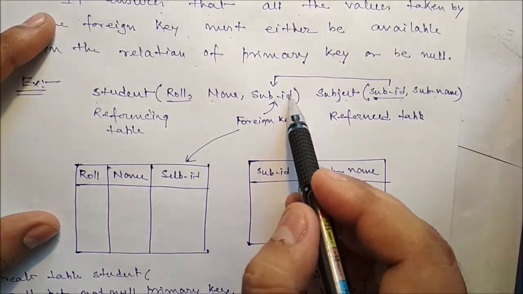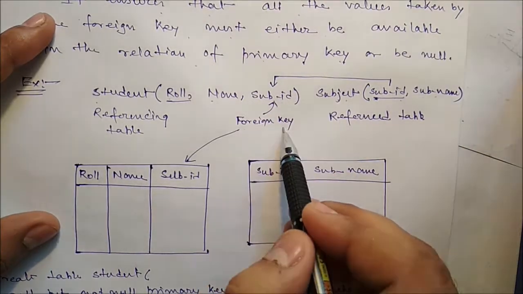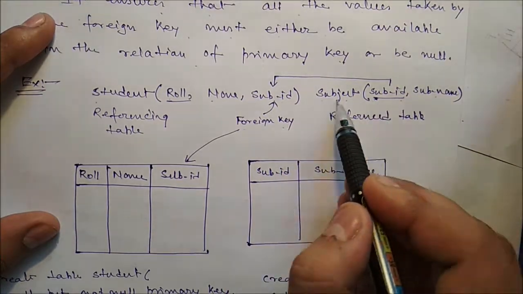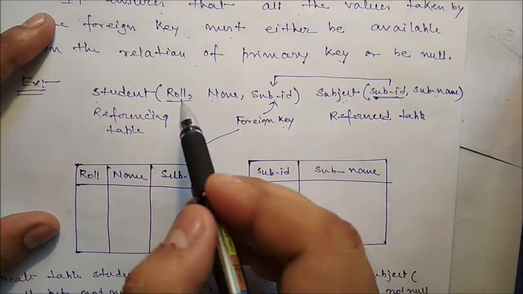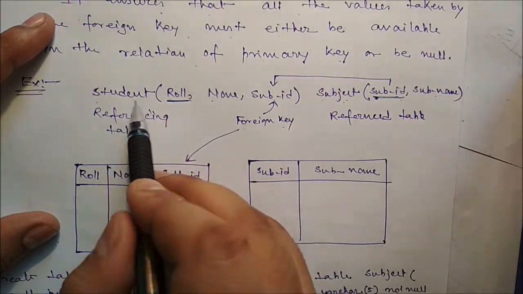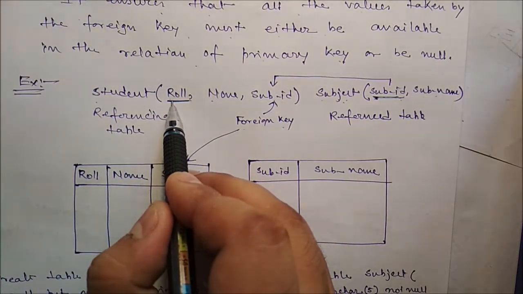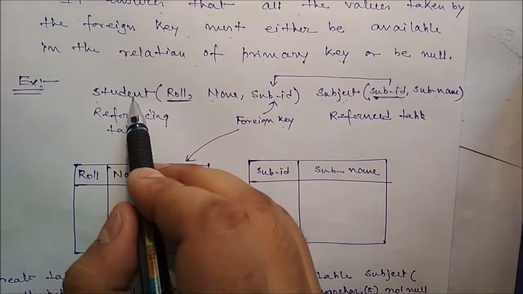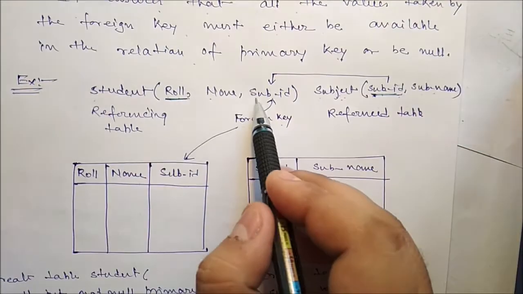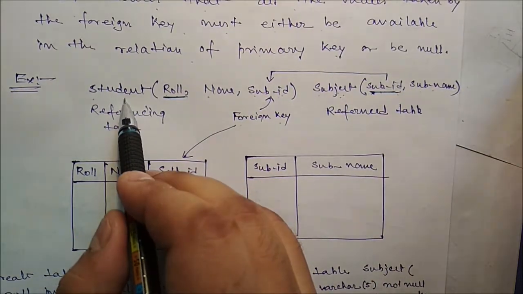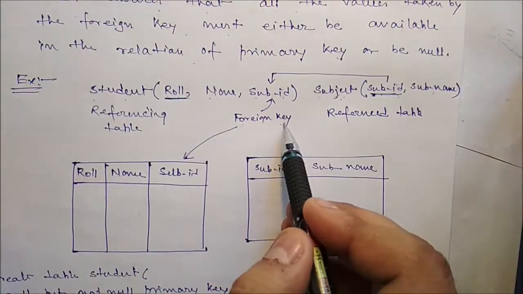So we can say this subject ID is a foreign key. Here in the subject table, subject ID is a primary key, and roll number is a primary key of the student table. So roll number is a primary key of the student, subject ID is the primary key of the subject, but here subject ID, which is inside the student table, is a foreign key.